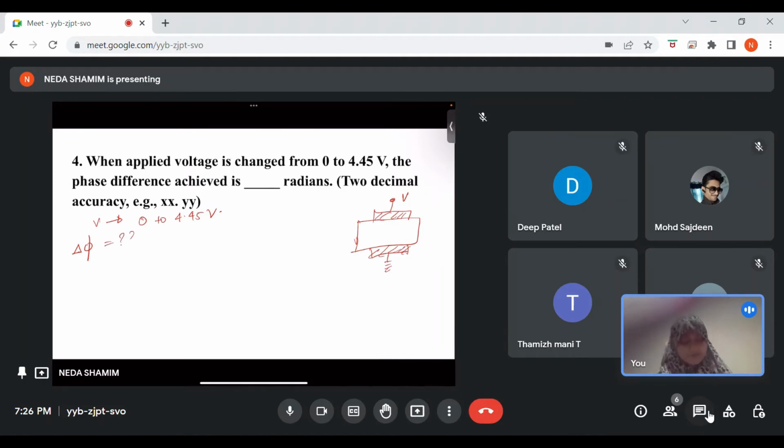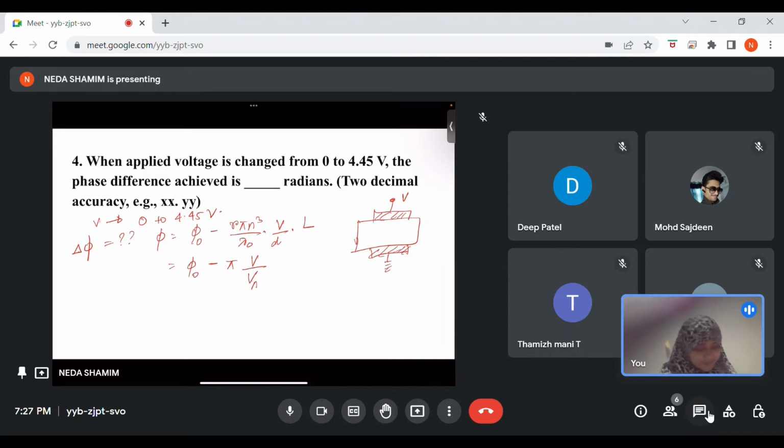How do you solve this problem? Using the same formula. Exactly. We'll use the same formula, but we'll use a certain mathematical trick. We'll have to do some math. So phi is equal to phi 0 minus r pi n cube by lambda 0 times V by D times L. This is again equivalent to pi V by V pi.